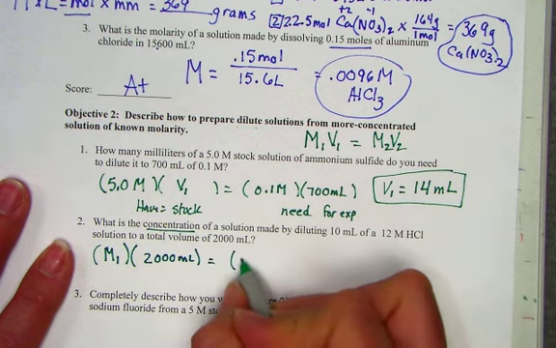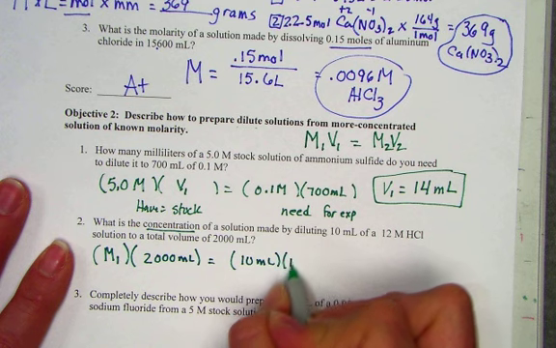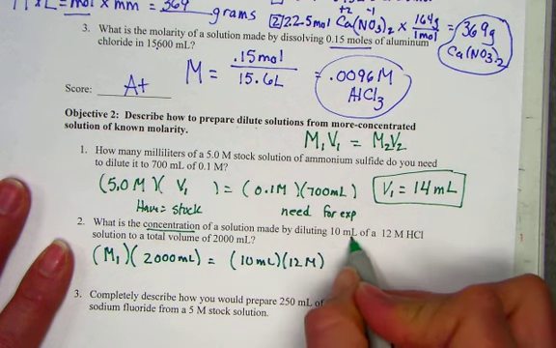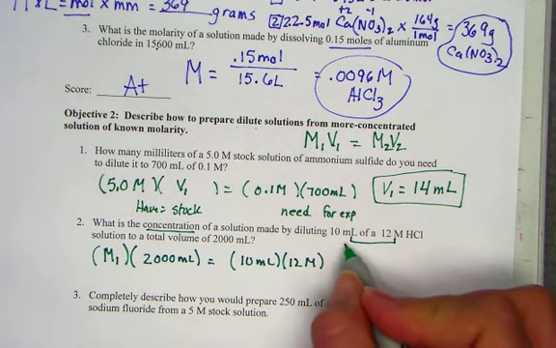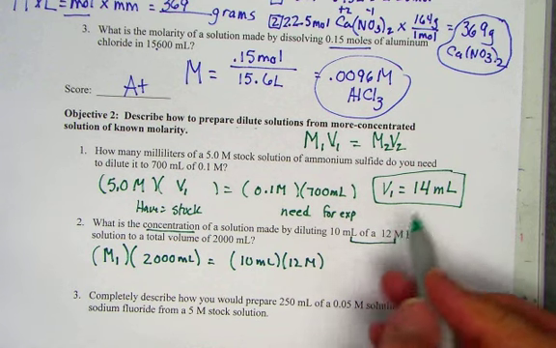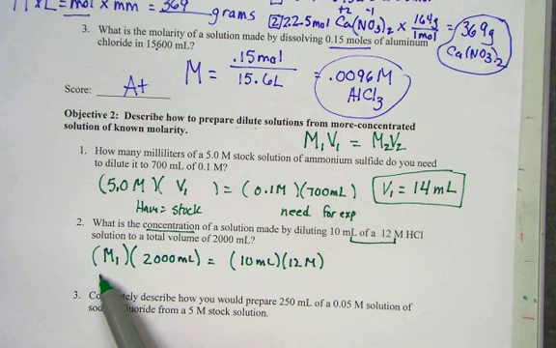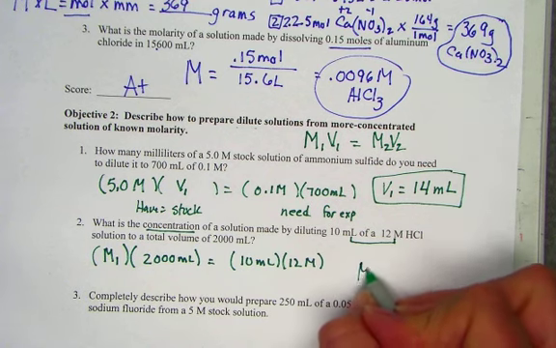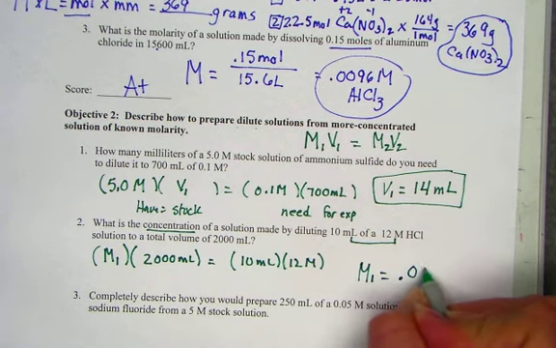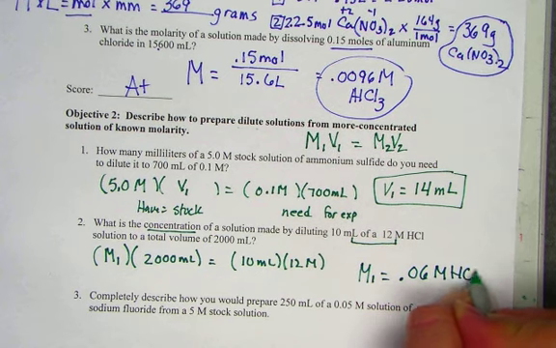We're diluting 10 milliliters of a 12 molar solution. These are the two variables that go together, 10 mL of 12 molar, and we add a whole lot of water up to the 2,000 mL mark. What would the resulting concentration of our new solution be? If we start with 10 mL times the 12 molar, we divide by 2,000, the new total volume, and the resulting concentration is 0.06 molar of HCl.